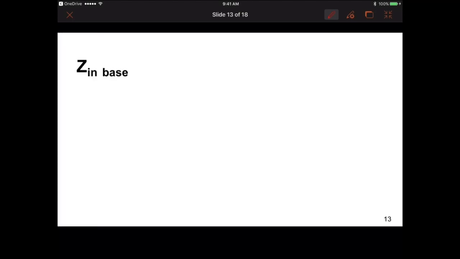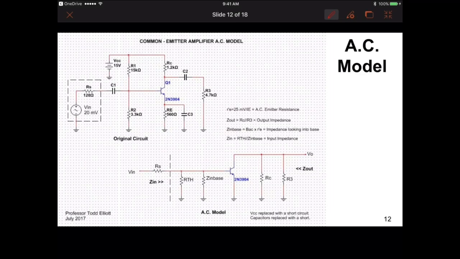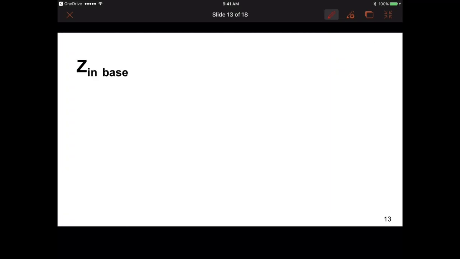Z in base is the impedance looking into the base of the transistor. So that's going to be beta AC times R prime E. Let's let beta AC, just picking numbers here, be 130.